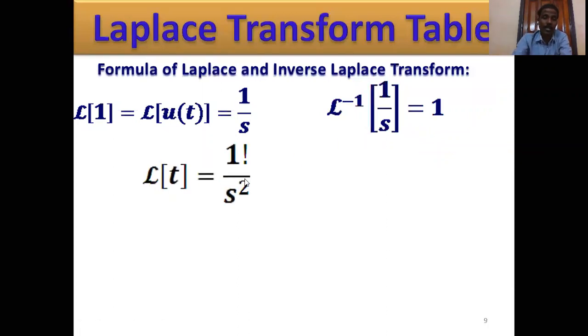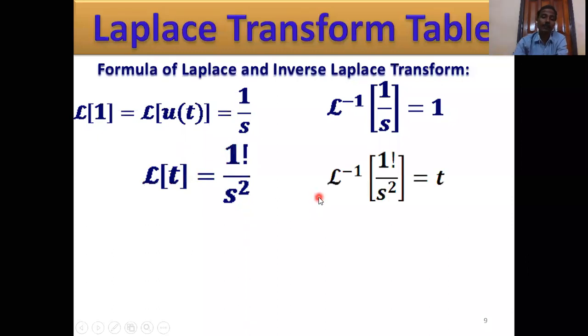Laplace transform of t, which means the ramp function. This is the ramp function. The Laplace transform of the ramp function equals factorial 1 by s square, and the inverse Laplace of factorial 1 by s square equals again t.